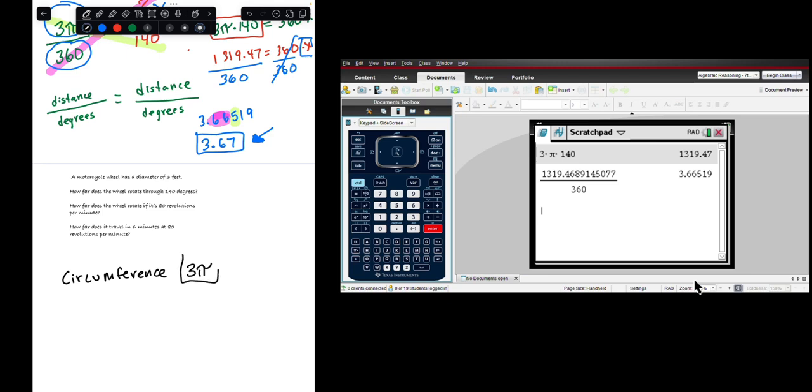So all we have to do, guys, is ask, well, it does that for one time. How far does it go for 80 times? Well, all we have to do is 3 pi times 80, okay? So I'm going to go to my calculator. I'm going to type in 3 pi, then times 80. Hit enter.